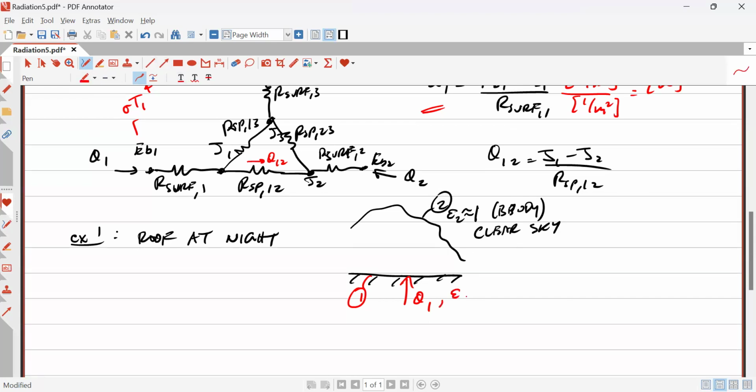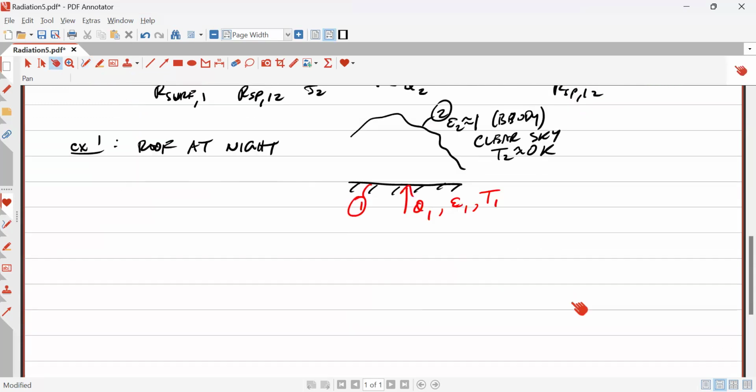We have some non-zero, but not equal to 1 value of epsilon 1, and then we have some T1 associated with this. And for the night sky, you're given a value of T2, which, by the way, is roughly equal to 0 Kelvin, but it's really like 2 to 4 Kelvin is the more realistic temperature of outer space. So what we're trying to find then is what is the heat flux that goes from 1 to 2?